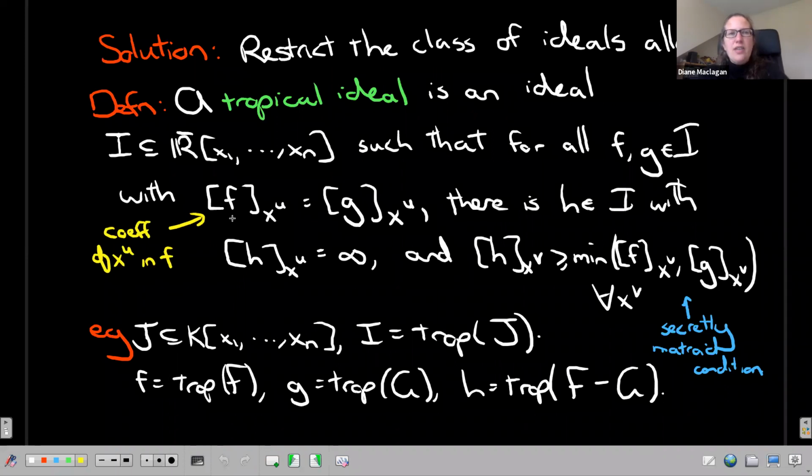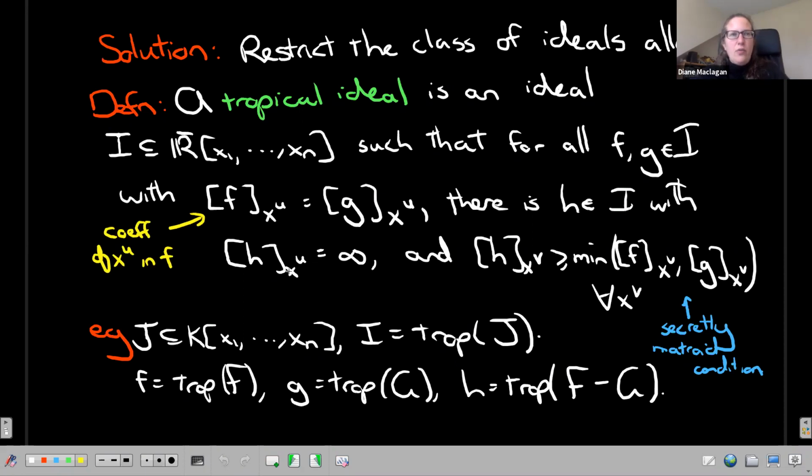Whenever we have two polynomials f and g that have the same coefficient for some monomial x to the u, this is my notation for the coefficient of x to the u in my polynomial f, then there has to be an h also in the ideal where that coefficient is infinity. And then there's a condition that the other coefficients are at least the minimum, and actually have to be equal to the minimum if these two numbers are different.